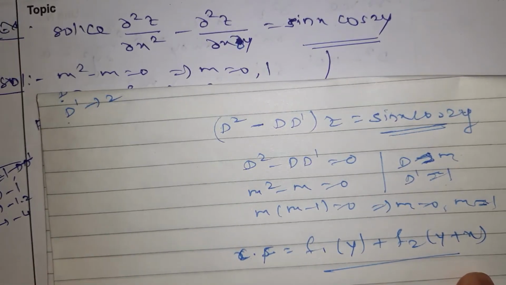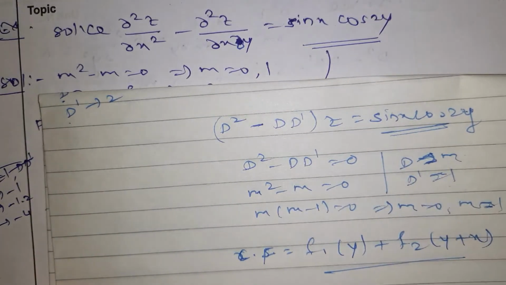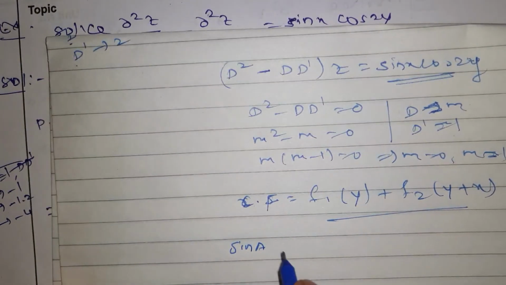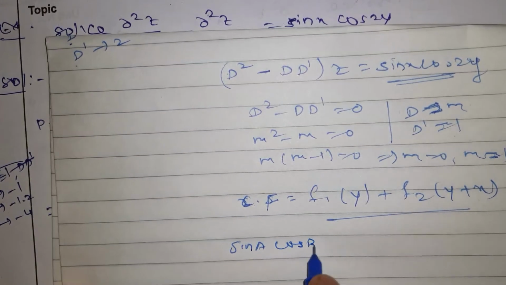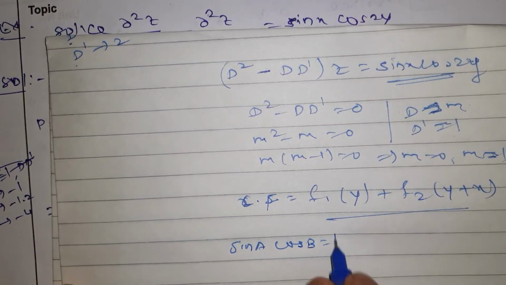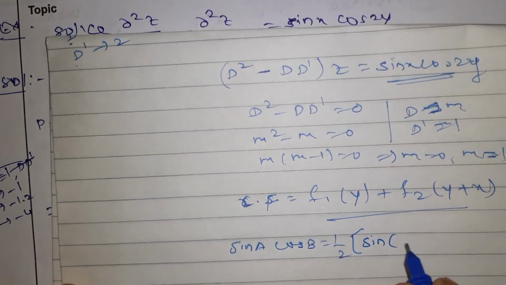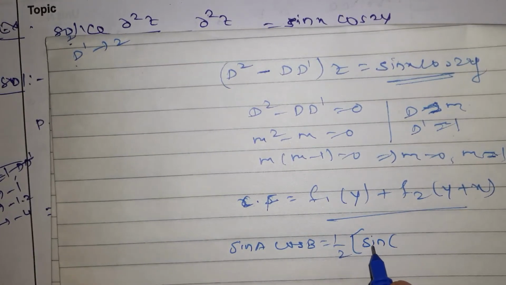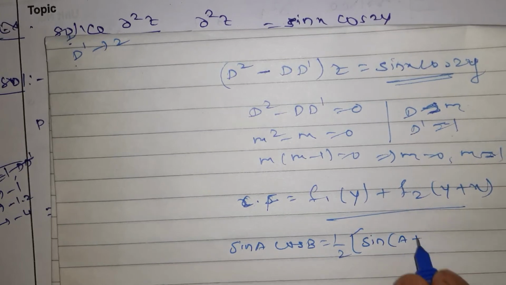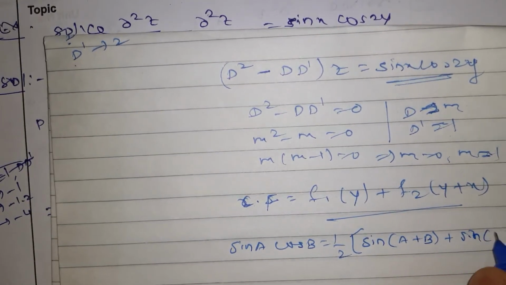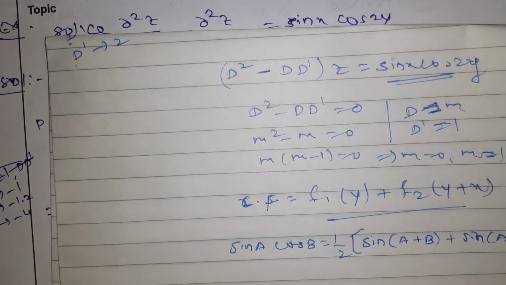Now to understand the second part, I require sin a cos b. What is sin a cos b? It is 1/2 [sin(a + b) + sin(a − b)].